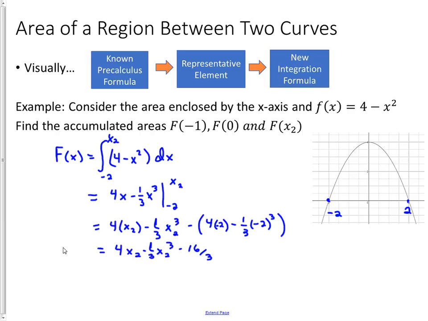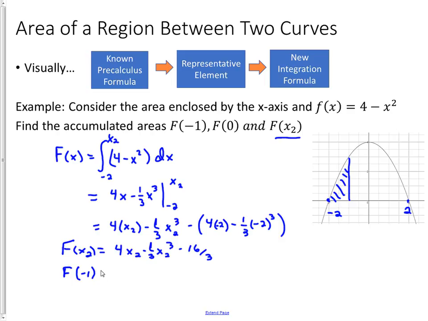All right, so if we're going to evaluate F of x2, this is what our formula would look like. And we can see what this formula is going to look like at different points. For example, let's find what happens at F of negative 1. That's the accumulated area to the left of negative 1.